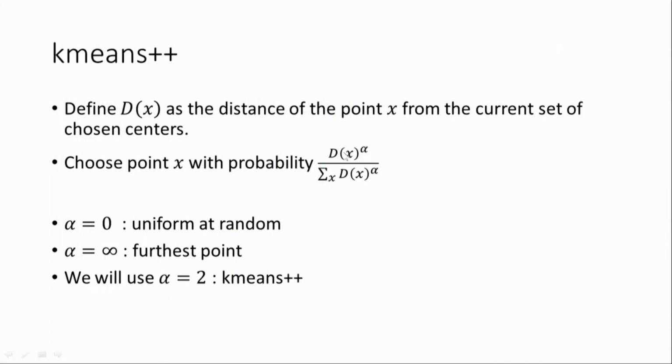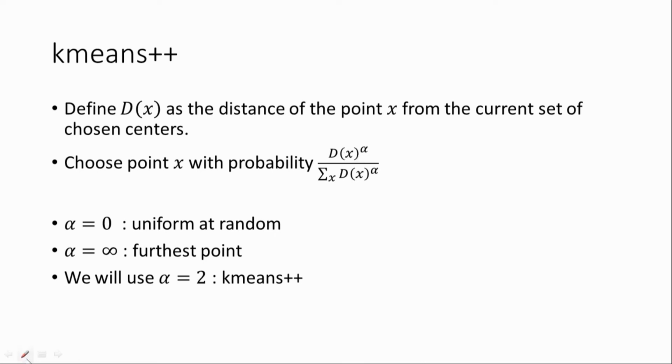What happens when alpha equals 0? Every point is uniformly chosen, because anything to the power 0 is 1. When alpha equals infinity, I'm claiming that this is the farthest point heuristic.